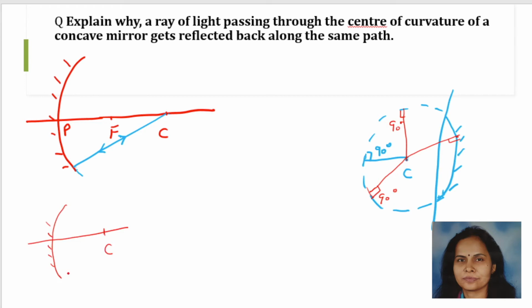If I want to take any point of incidence on this spherical mirror, and I'm saying to you that you have to draw the normal at this point of incidence, where the incident ray will strike from whatever direction, it doesn't matter, then what you have to do is simply join this point with your center of curvature. So this will be your 90 degree, right?